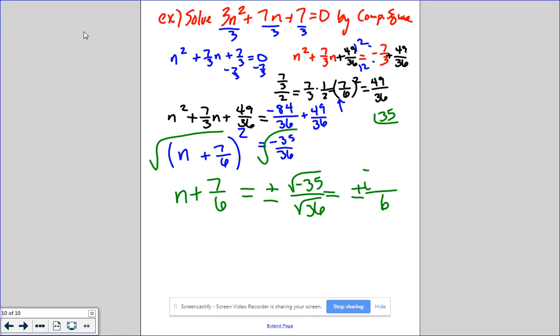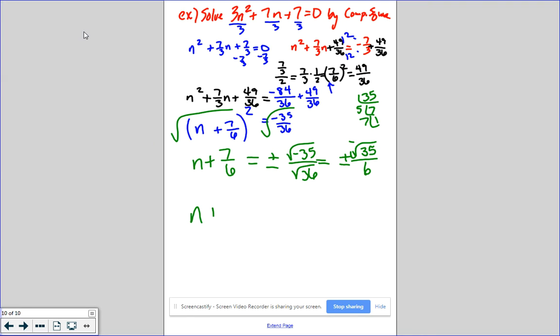What goes into 35? 5 times 7, 7 times 1. So does that break down at all? No. So it's just i square root of 35. So what do I have right now? I have n plus 7 over 6 equals plus or minus i square root of 35 over 6.